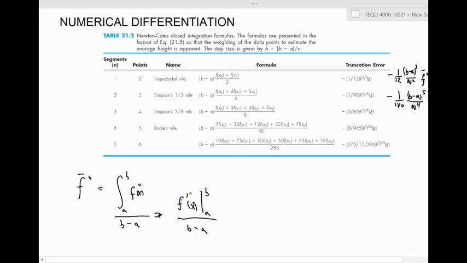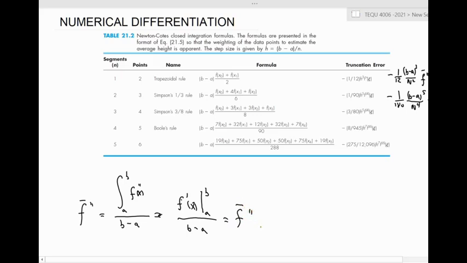I just need the first derivative of the function, evaluated between b and a, and that will provide me the average of the second derivative. It is the evaluation of the first derivative within the limits a and b divided by b minus a, and that, folks, is what we call the average of the second derivative.